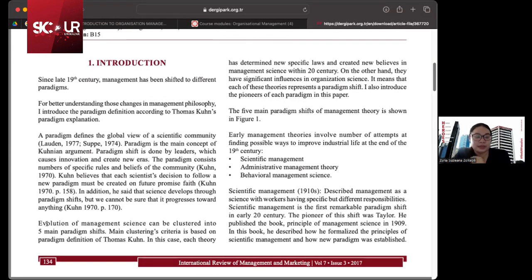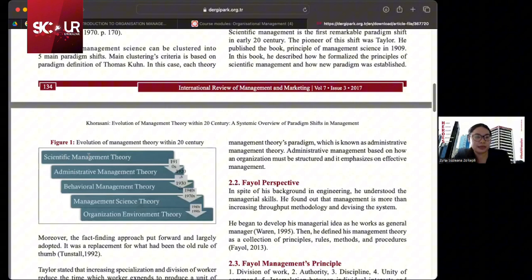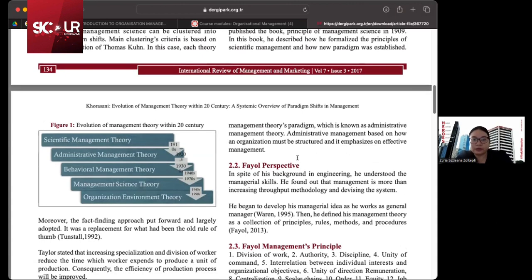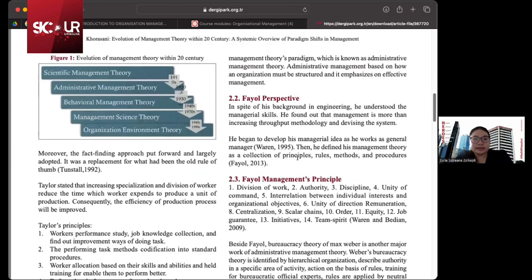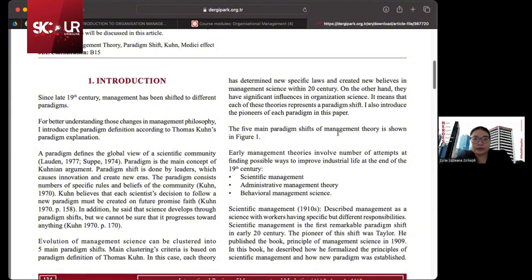If we take a look at this article, the evolution of management science can be clustered into five main paradigm shifts, right? So by Thomas Kuhn, and I believe that I have put this in your slide as well.